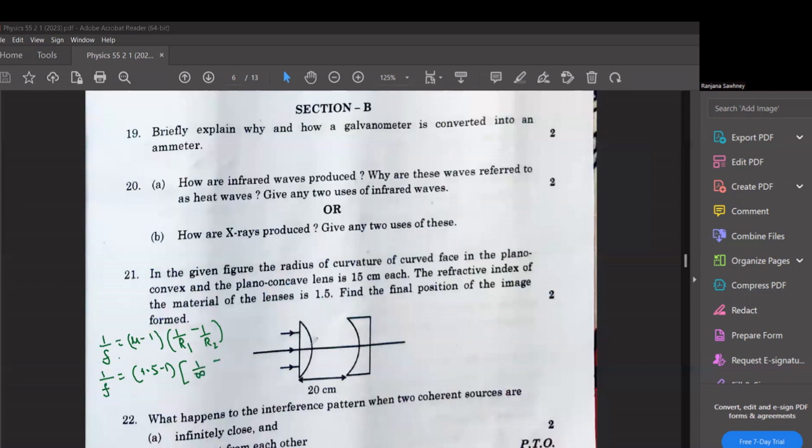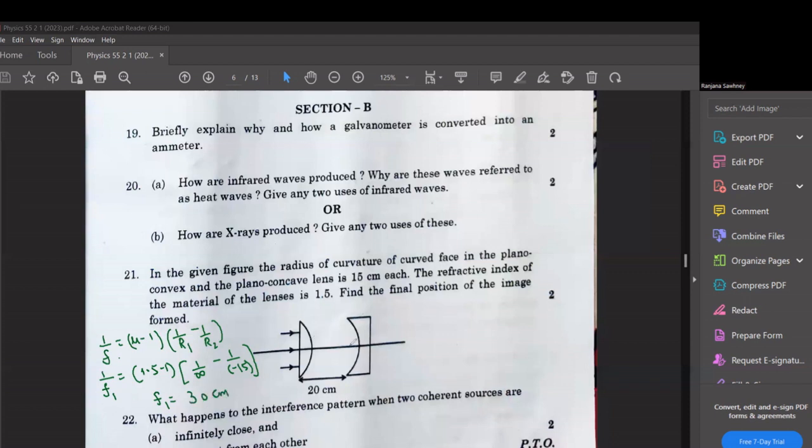Minus 1 upon r2. The radius of curvature here is given as 15 centimeter, and we measure it in the opposite direction of the incident light, so this will be minus 15. Hence, you get the focal length of the plano-convex lens. F1 on solving is 30 centimeter.